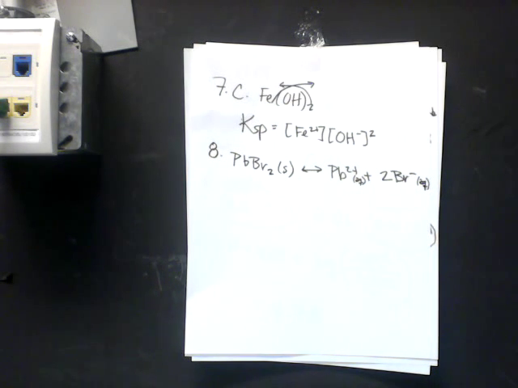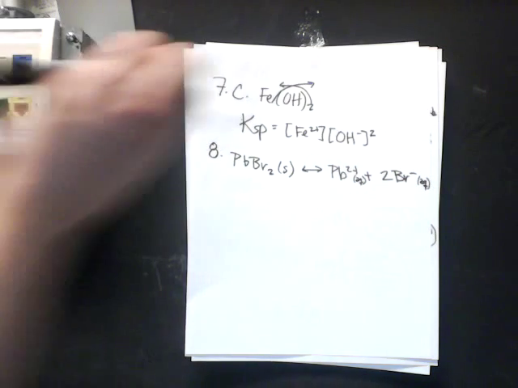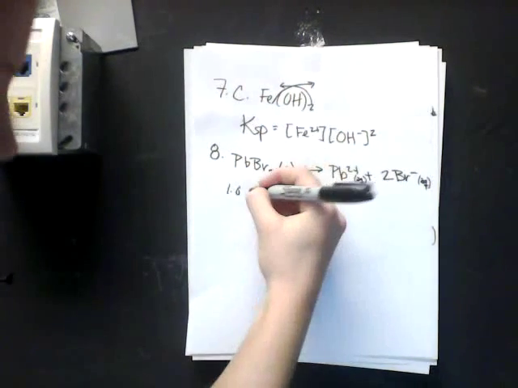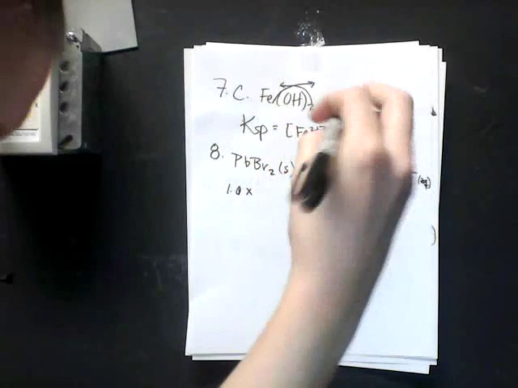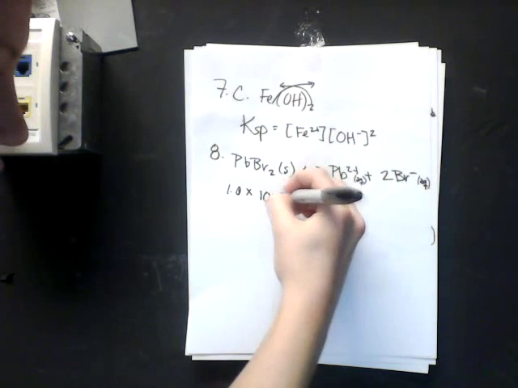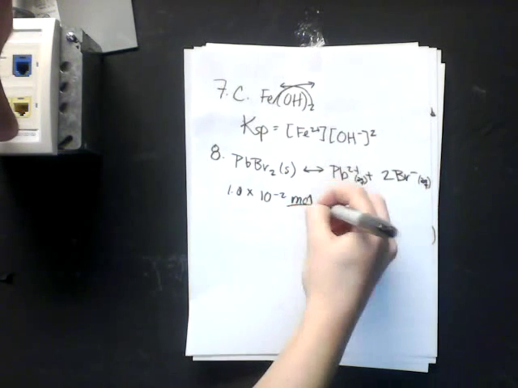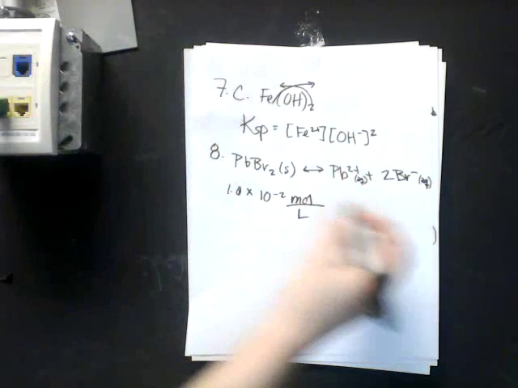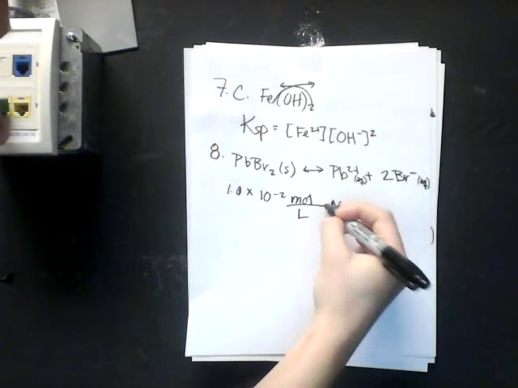So now it tells me my molar solubility. My molar solubility at 25 degrees Celsius is 1 times 10 to the negative 2 mole per liter, right? What is mole per liter? Concentration, also known as molarity.